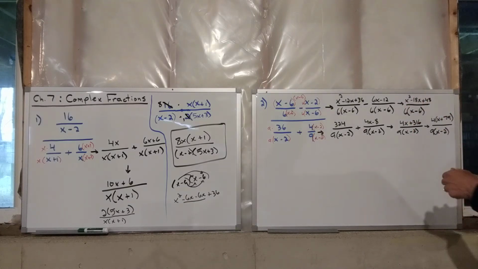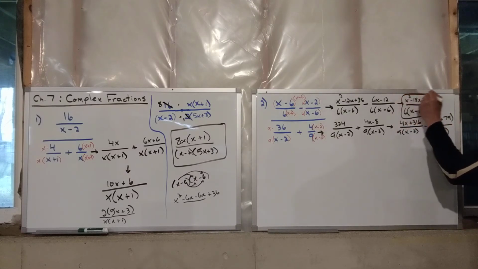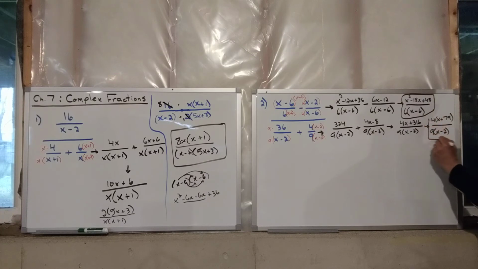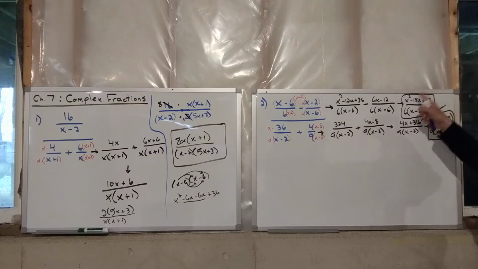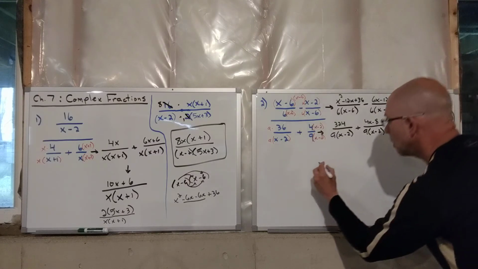Our final thing is, so here's the numerator, and here's the denominator. We need to divide these two in this order. That divided by that, which means that times reciprocal. So let's write this down here.